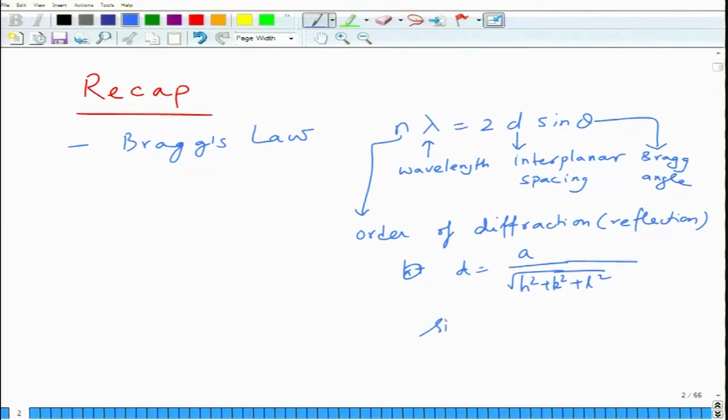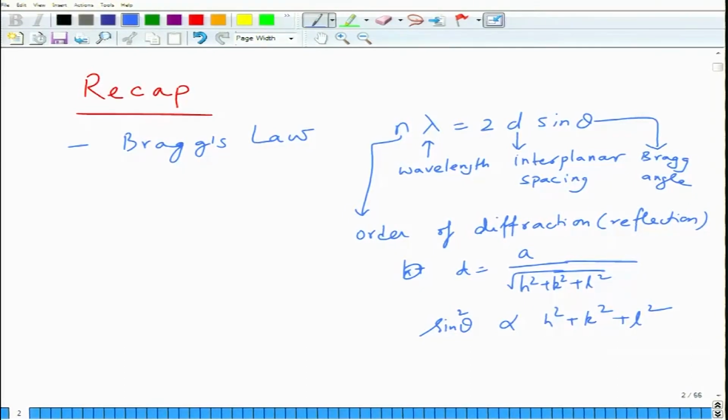So basically sin square theta is proportional to h square plus k square plus l square. As your interplanar spacing goes down, the peaks appear at higher angles because sin theta increases, and this is for a monochromatic radiation.